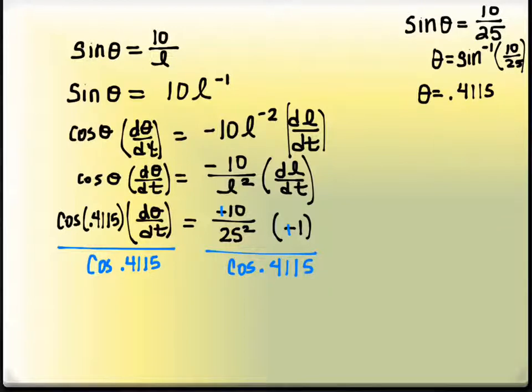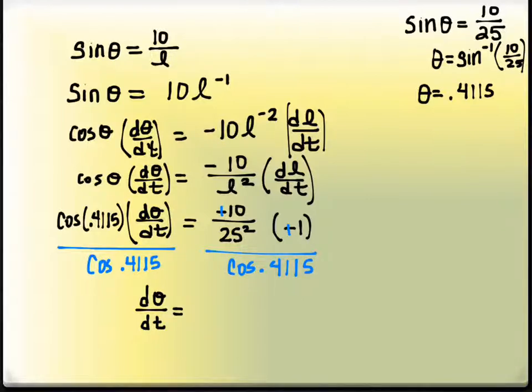All right, so a little bit of algebra here at the end to substitute these in, and then to simplify this to say d theta dt on the left. And what value do we get for d theta dt? Your book is consistently using 4 decimals, I believe, on this one, so we will use 4 decimals as well.